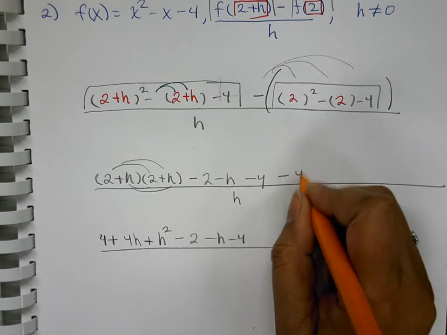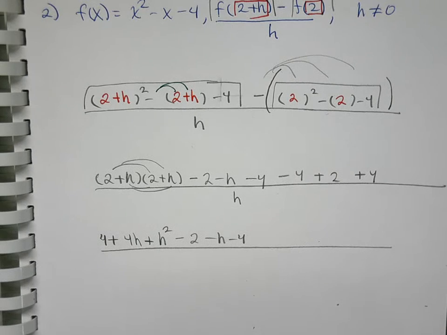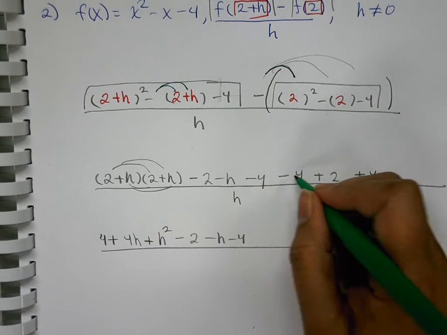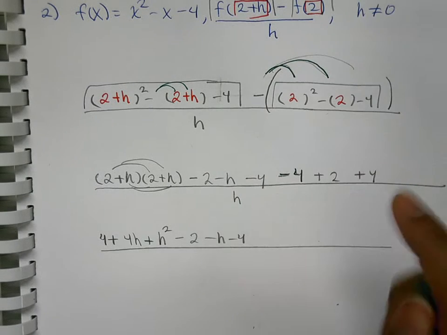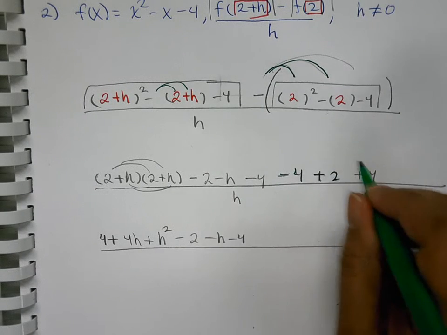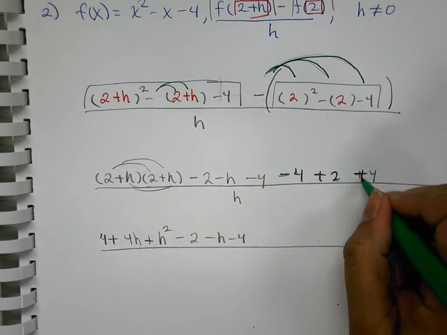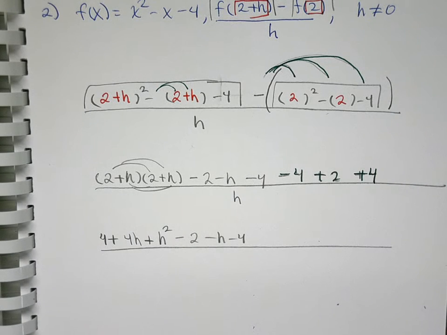Or some kids choose to just do this: minus 4 plus 2 plus 4. Minus 4, that's right here. Minus a minus is plus 2. And minus, again, minus a negative is plus 4.